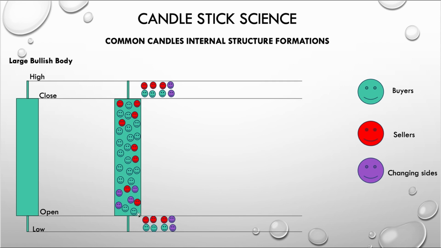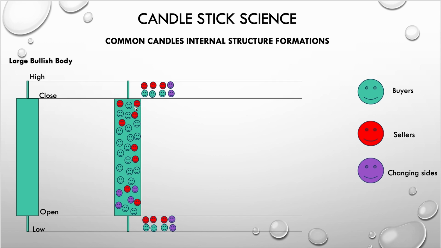Inside of this candle, you'll find that there are traders constantly switching from buying to selling and from selling to buying. These are represented by the purple faces here. And you will see that the majority of the traders inside here are green smiling faces, meaning the largest volume is coming from the buyers.